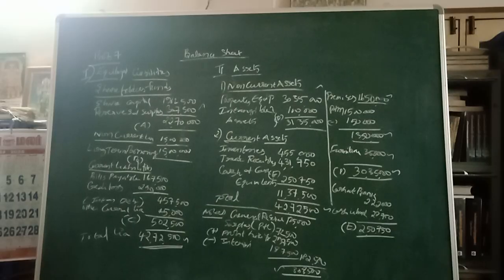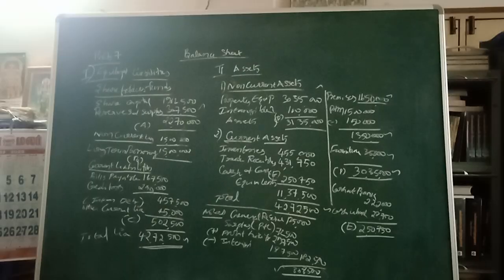Okay. Then surplus account. What is that surplus account? We are given surplus account, within bracket credit balance. What does it mean? That amount is a profit. If it is a favorable balance, if it is a profit, it looks like this. That should be taken as surplus in Schedule number 2.